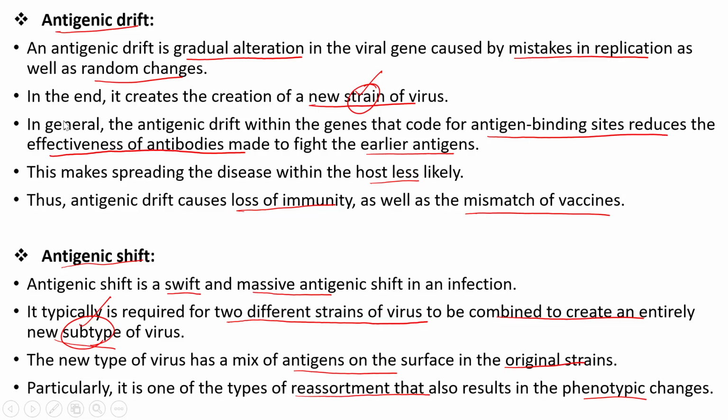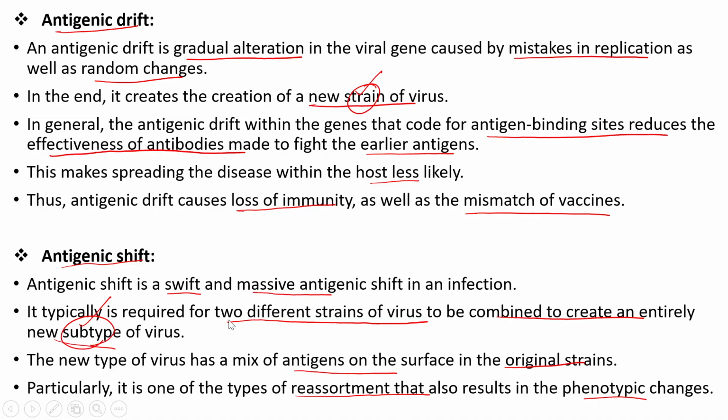This is antigenic drift. In general, antigenic drift within the genes that code for the antigen binding site reduces the effectiveness of antibodies, because these mutations are occurring on the surface. This makes the spreading of disease within the host less likely because they are just mutated from that host only. But in the case of antigenic shift, you can see it is a swift and massive antigenic shift in an infection.